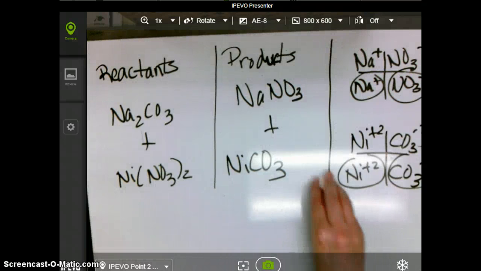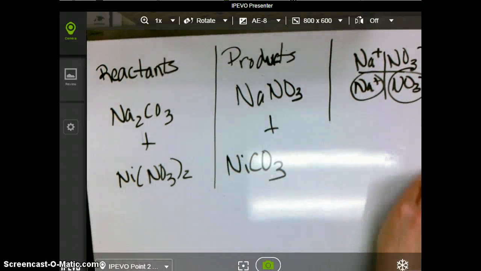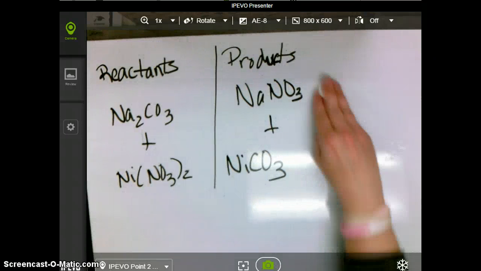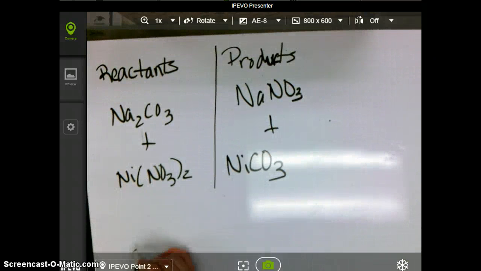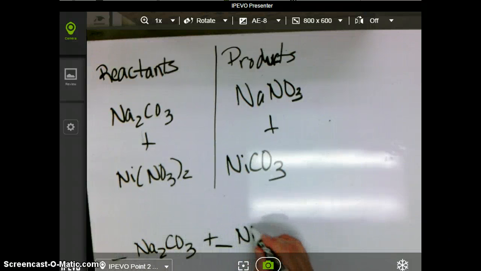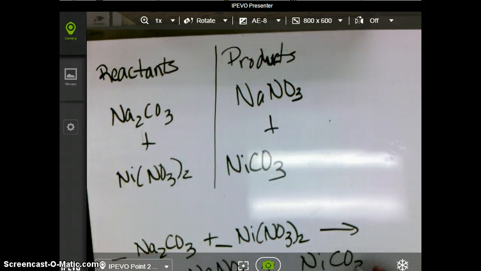I'm going to put my balanced chemical equation underneath this so that you can see how that would work. I'd have sodium carbonate, my first reactant, and leave enough space, reacts with nickel 2 nitrate to form sodium nitrate plus nickel 2 carbonate.